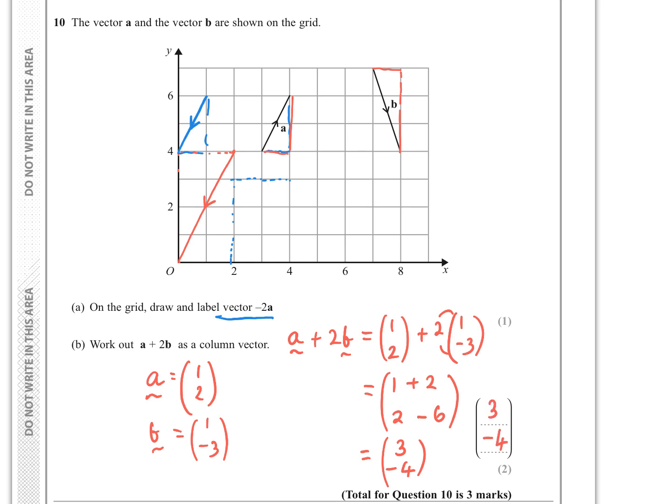Now we can show this on the grid also, because if we went a and then 2b, well, 2b we can see here is 2, negative 6, so we go along 2 and down 6 to here, and I could join this up here.